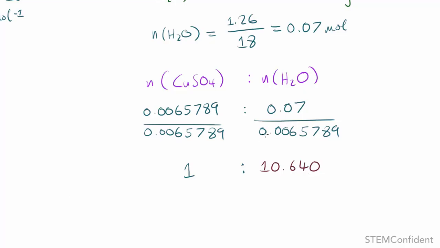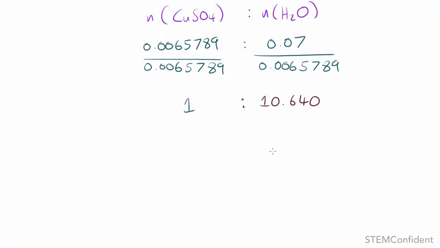At this stage, what's really necessary is that the value of x we're looking for needs to be an integer value, which 10.640 is not.